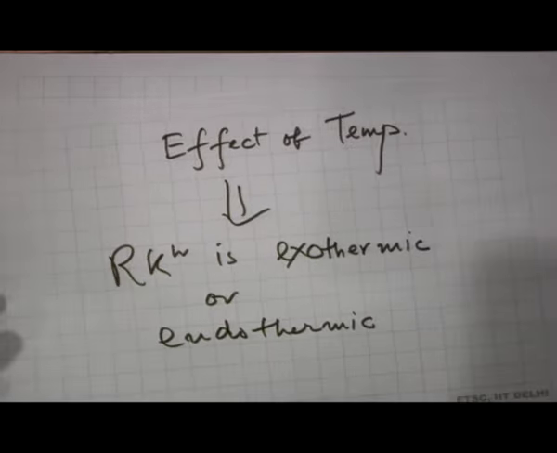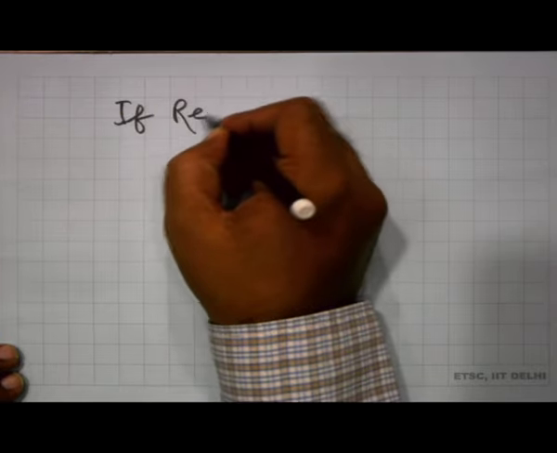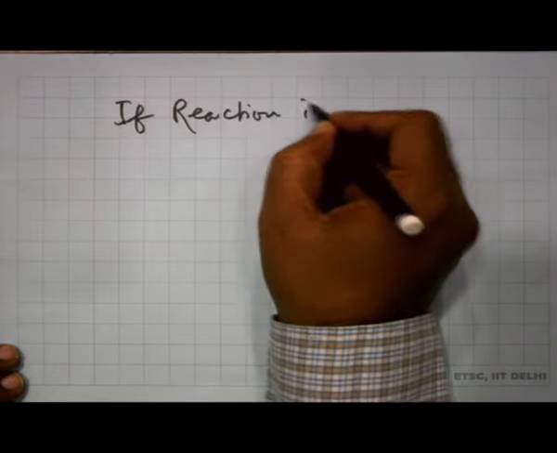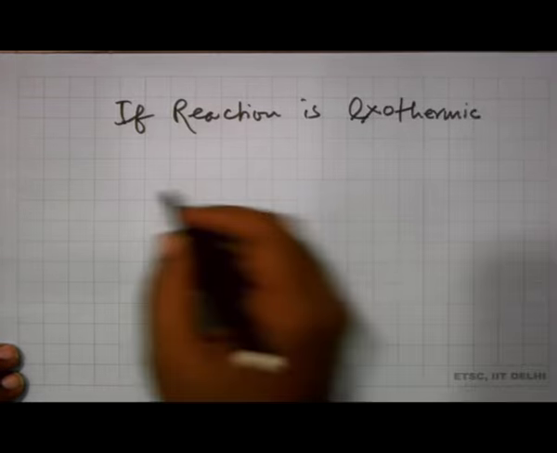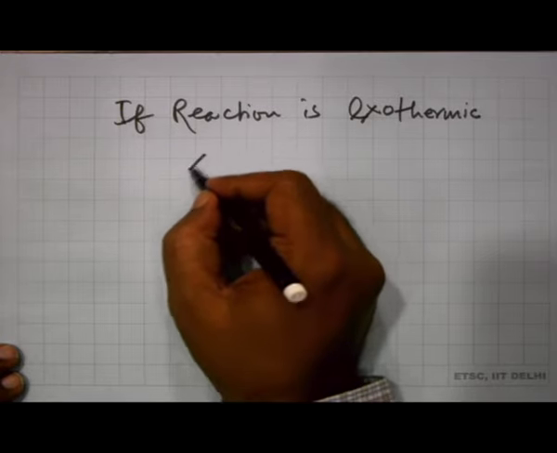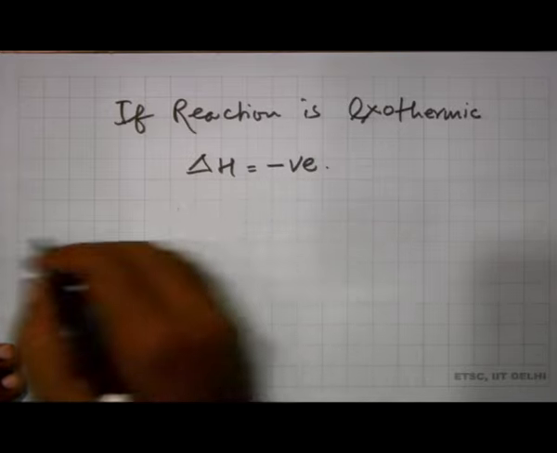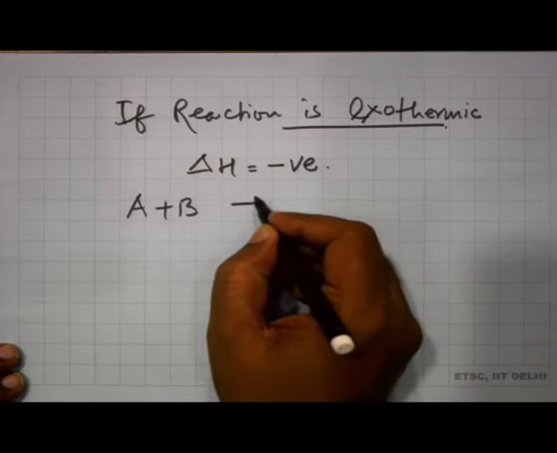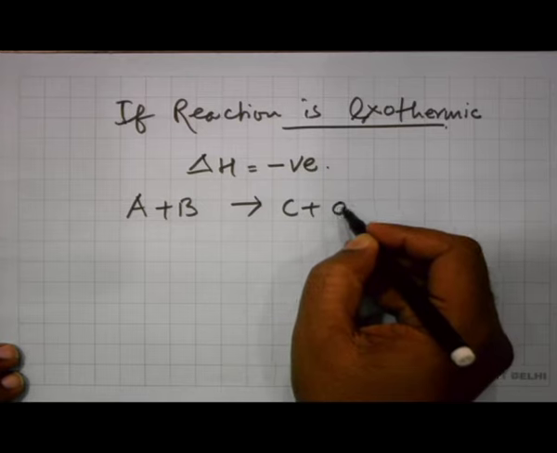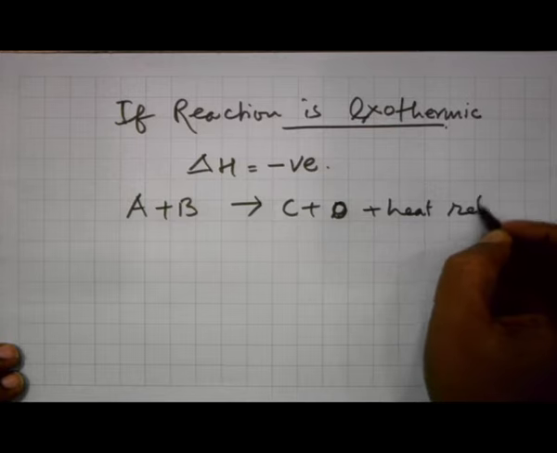If the reaction is exothermic, basically delta H is negative. What does this mean? Exothermic means A plus B giving you C plus D, and heat is released.